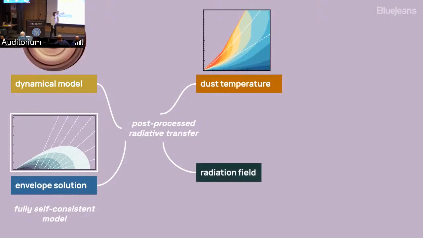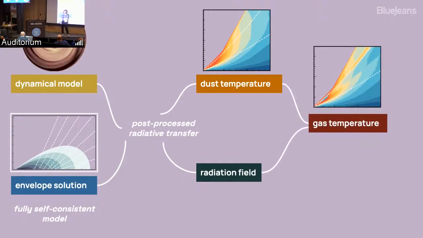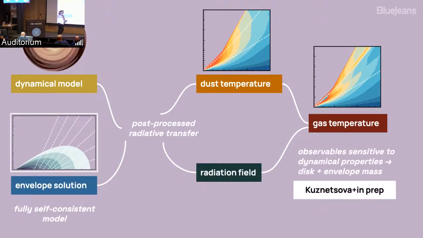And out of it, you can get both radiation fields as well as the dust temperature. You can combine that information, try to put in a little PDR model, get a gas temperature. So now you have several components in your dust populations as well as distributions of your gas in fully 3D. And this kind of provides a framework to really test which observables are going to be sensitive to these dynamical properties.